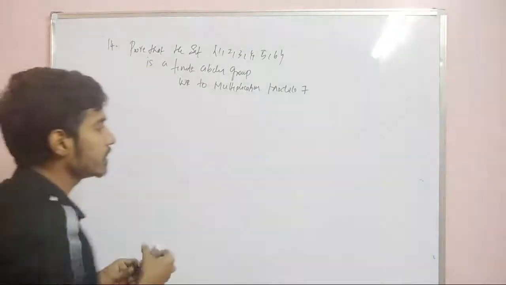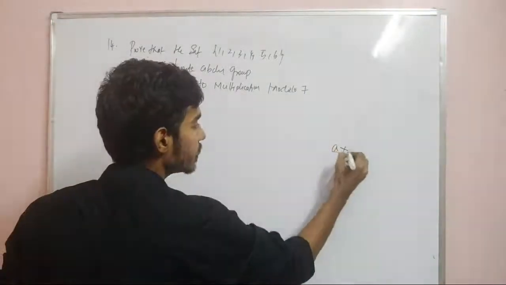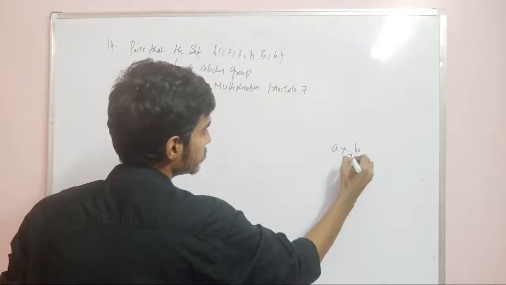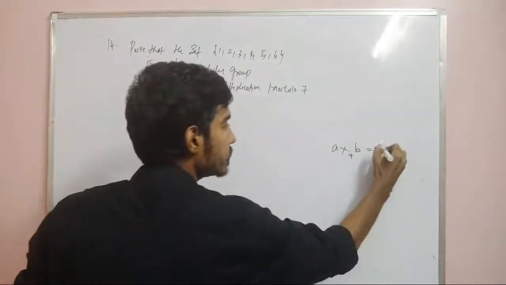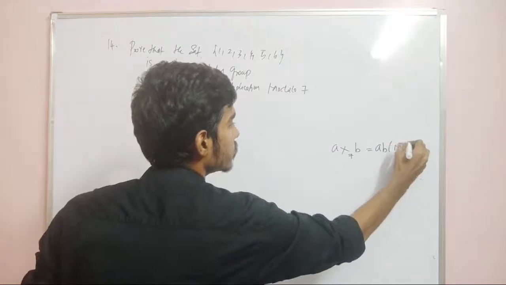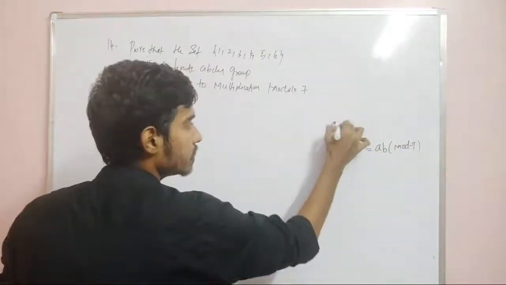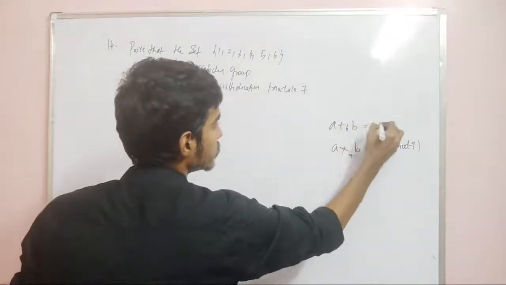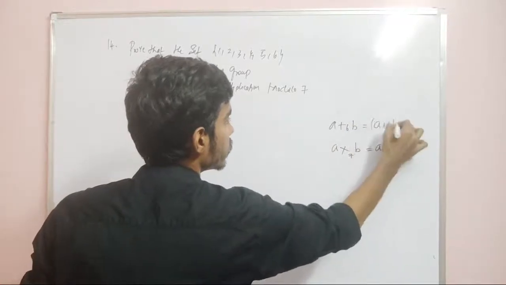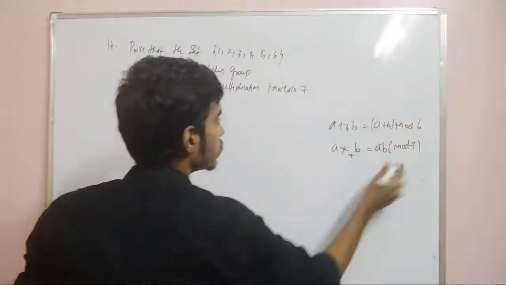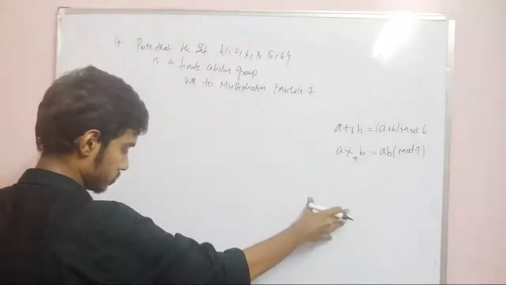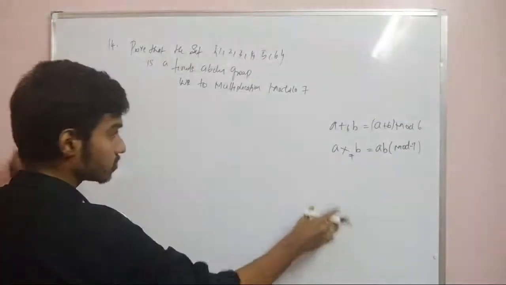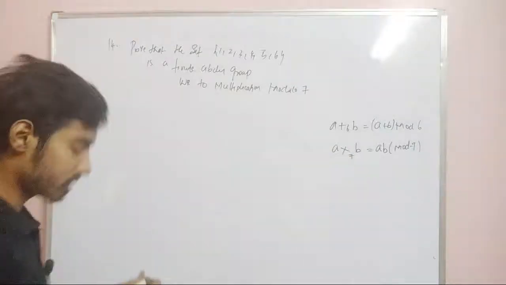Again here the operation is a times b, it is multiplication, right? So we need to multiply, that is ab mod 7. In the previous problem we had a plus b mod 6. Here the operation is ab mod 7.